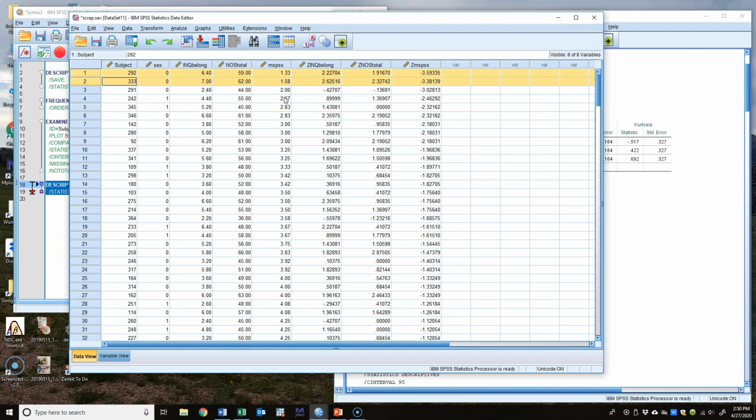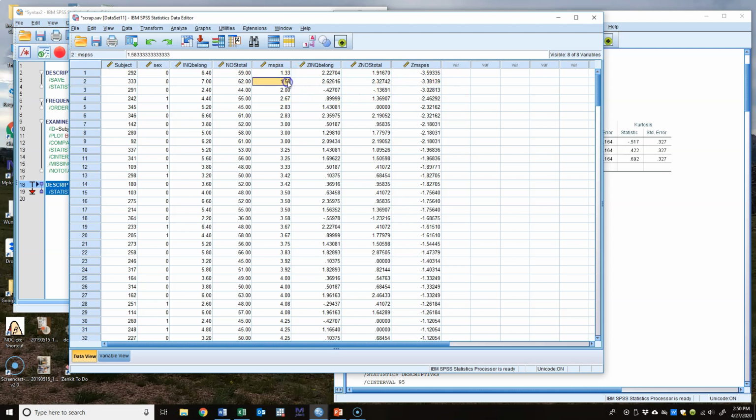So I'm not necessarily concerned that these are cases that are impossible within my sample, but we do want to note that these are, at least in the univariate distributions, cases associated with very large magnitude z-scores.